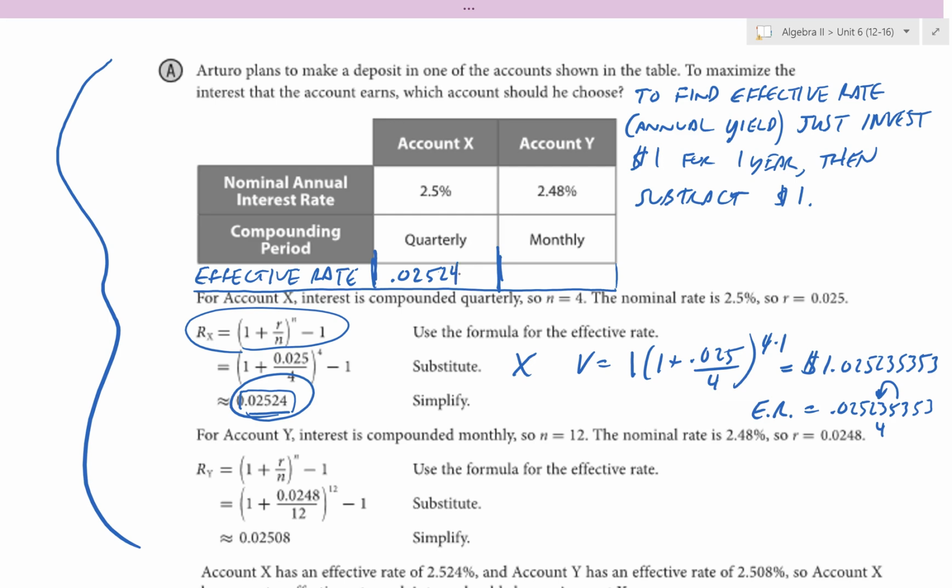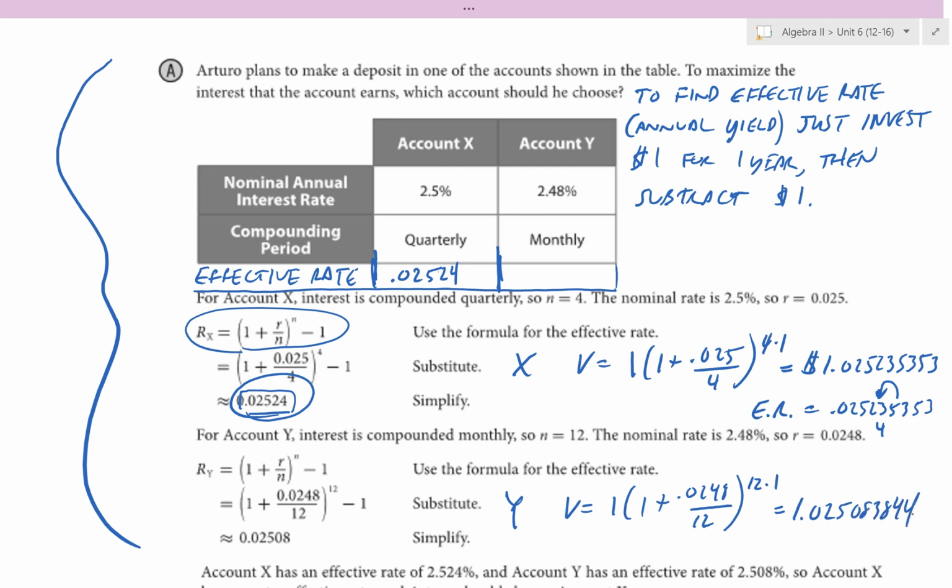And then for account Y, again, invest $1 for 1 year. That's going to be 1 plus 0.0248 over 12, since it's monthly, raised to the 12 times 1. If you put that in your calculator, parentheses 1 plus 0.0248 divided by 12, close the parentheses and raise it to the 12th power, you get 1.025083844.